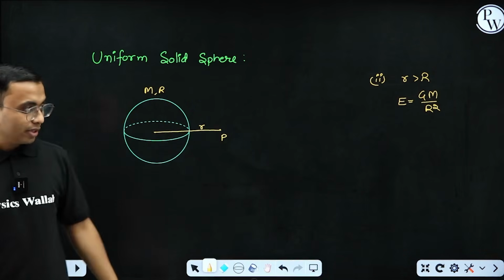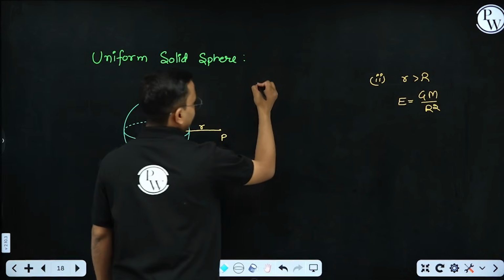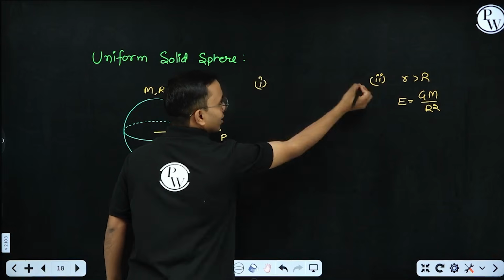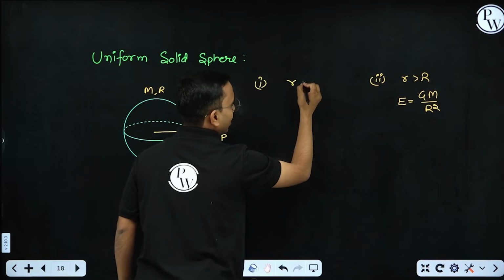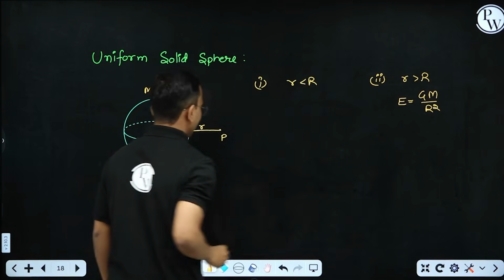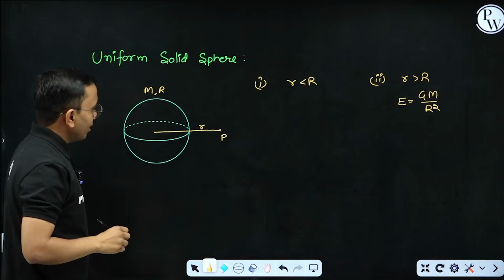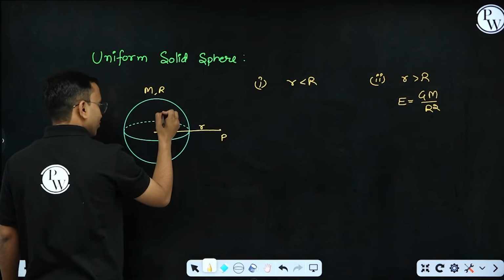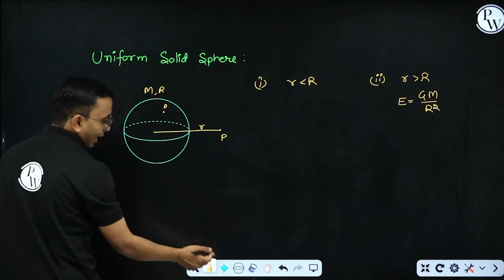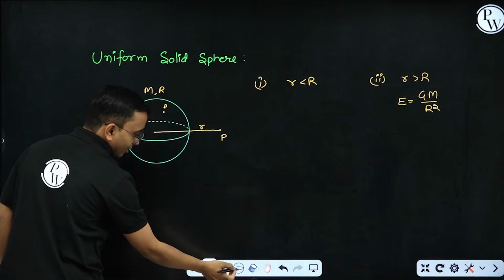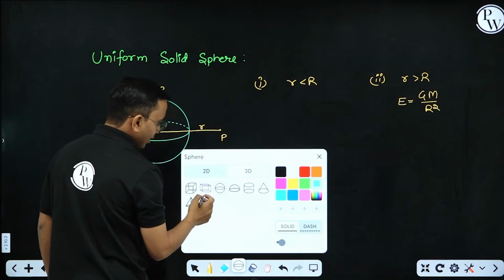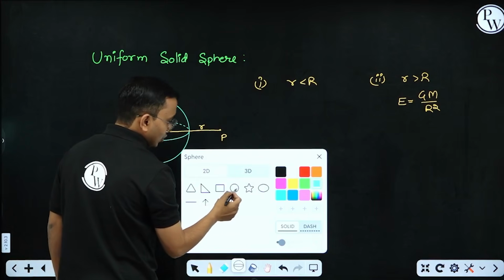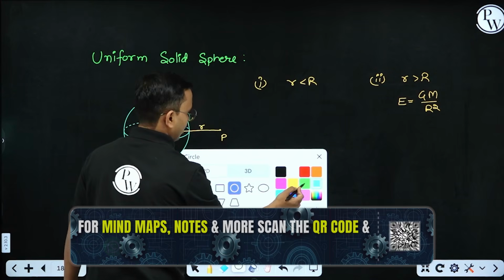The next case is a bit different, when r is less than R. Less than R means my point is somewhere here. Let us take this is my point P, and here I will divide this sphere into two parts.